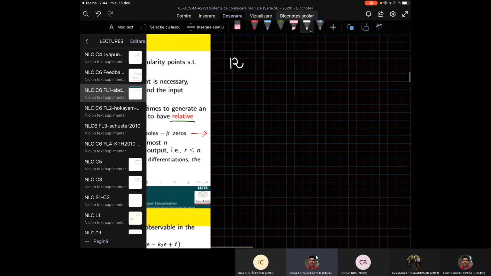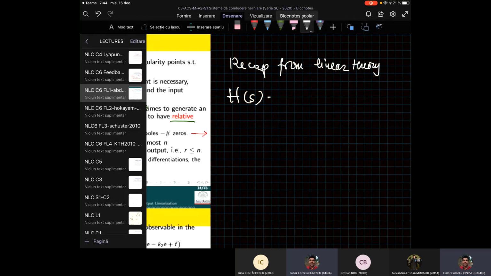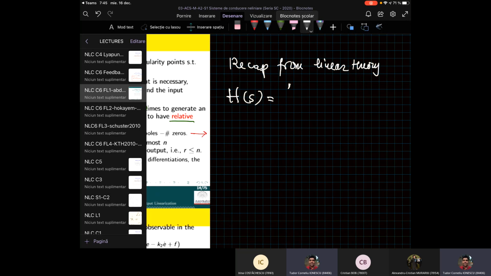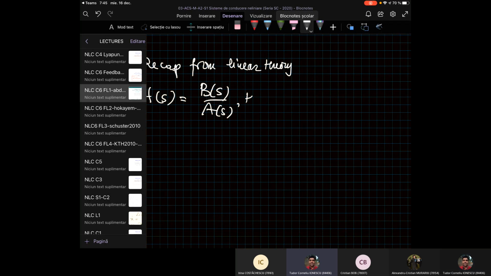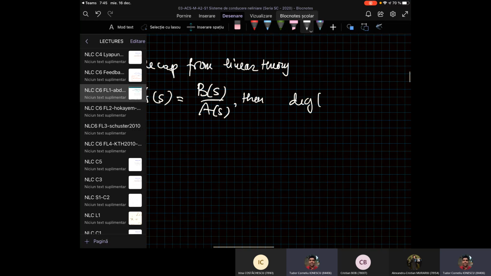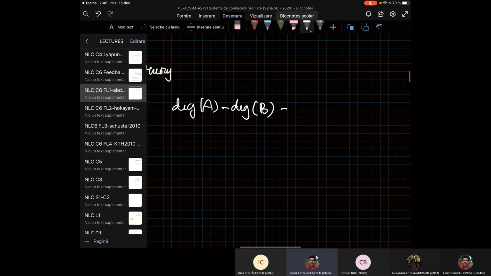So, recap from linear theory. If the single input, single output transfer function is B of S over A of S, then the degree of A minus the degree of B, not grad because this is not Romanian, we are in English here, is called the pole zero excess.